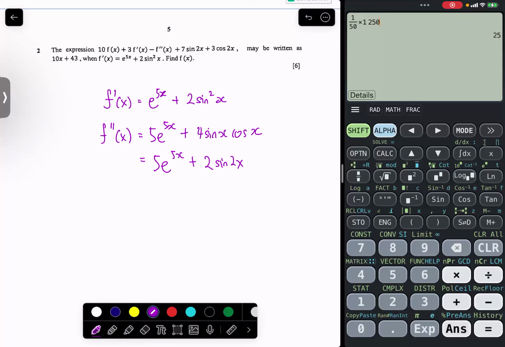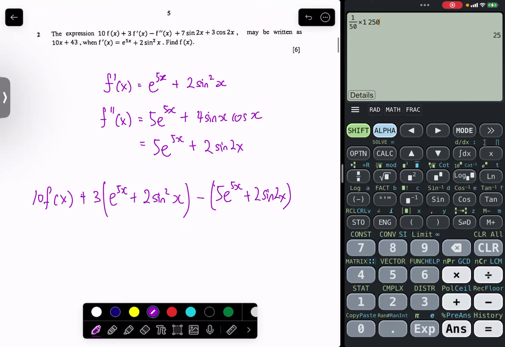Okay, so 10f(x), plus 3f prime x, so 3e^5x plus 2 sine squared x, minus 5e^5x plus 2 sine 2x. Well, the question is so long.